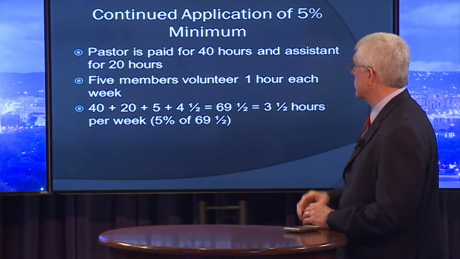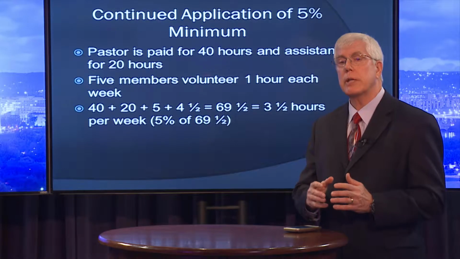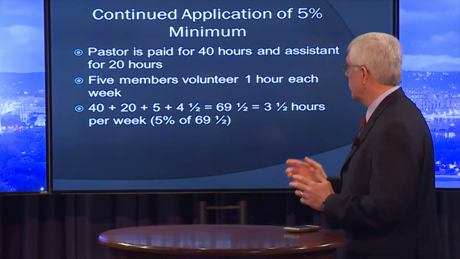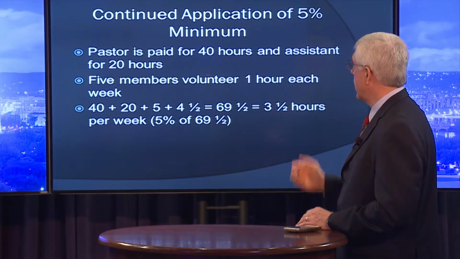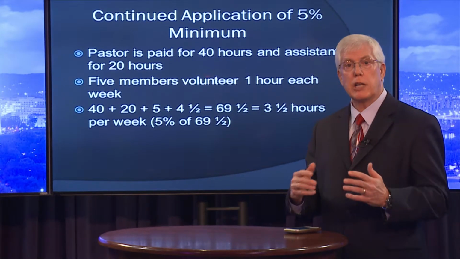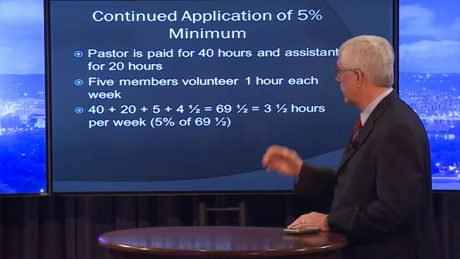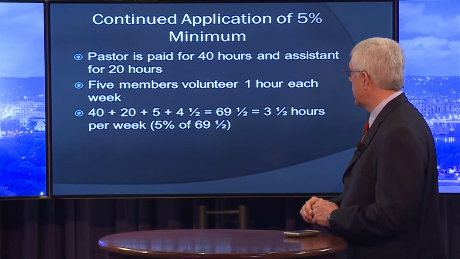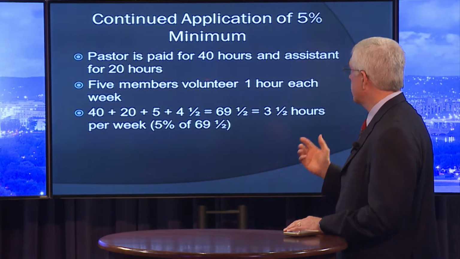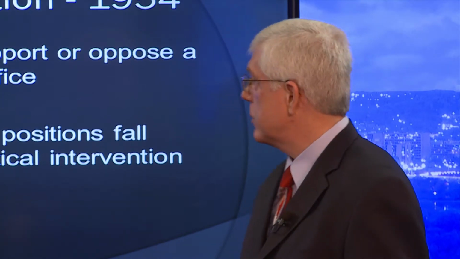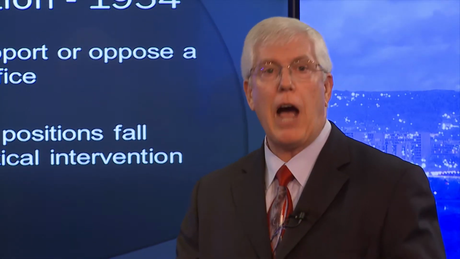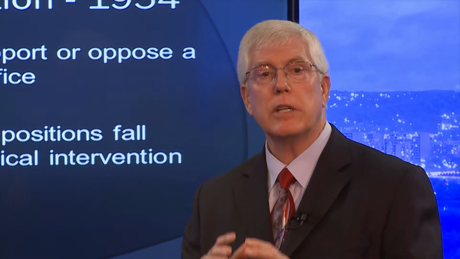Now, this is a church that has a pastor that's paid 40 hours per week and has an assistant 20 hours per week, and 5 members that are volunteers. They actually prepare an hour a week. Now, this church has a total of 69.5 hours per week. 5% of that, as we go to this next slide, is 3.5 hours of activity per week.